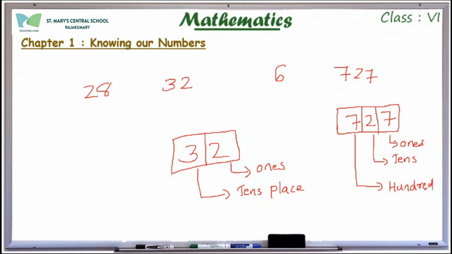Okay, we will consider another example. A 4-digit number, suppose. Here there are 4 digits.